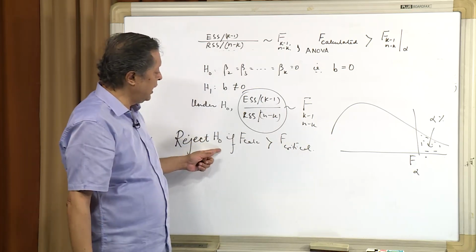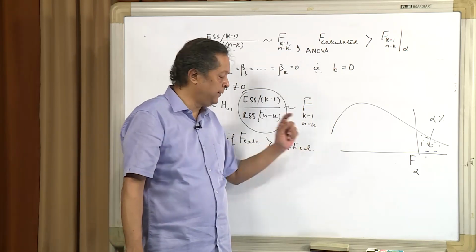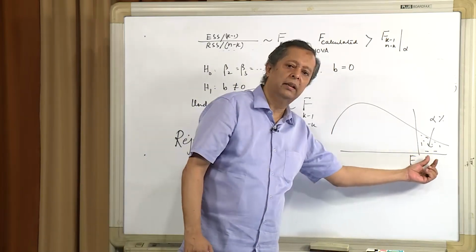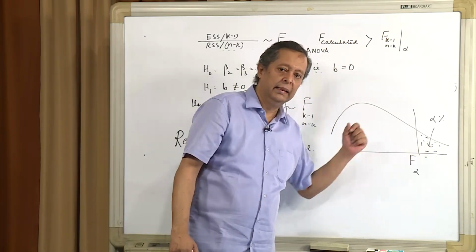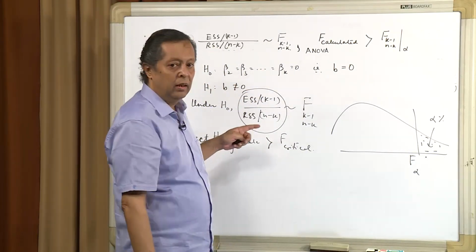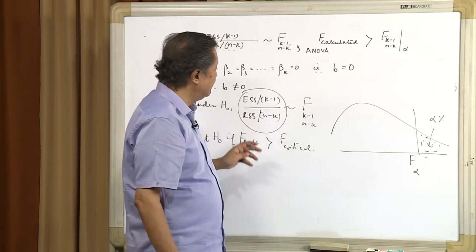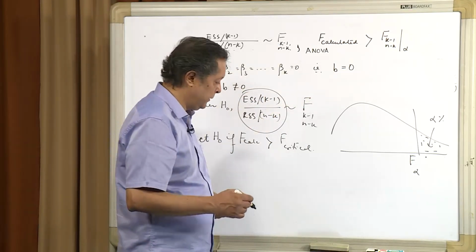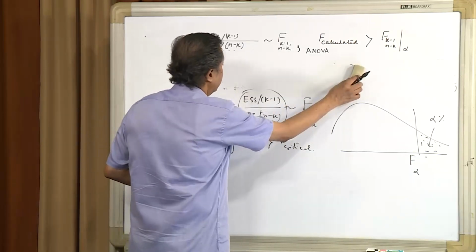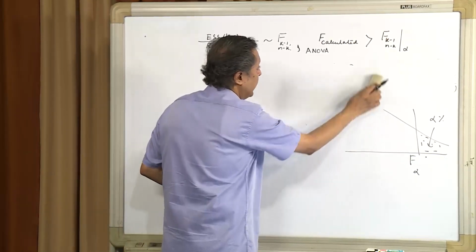So, we reject the null hypothesis if calculated F is greater than critical F, otherwise we accept it. So, naturally a high value of F means that the model is such that we cannot say that all the betas are zeros. So, that is the test of goodness of fit. Interesting thing to note is we can express this F statistic in terms of R square.